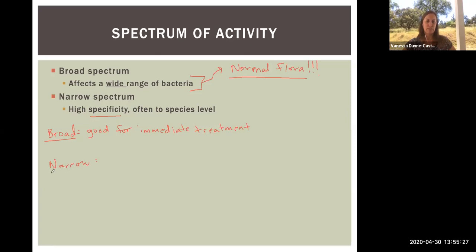So narrow spectrum is great for selectively targeting the pathogen, but you definitely need a diagnosis or determination of etiology. If you recall this from chapter 11, etiology means the causative agent, understanding what that pathogen is that's causing that infectious disease. Because this usually takes a little bit of time, sometimes now we have diagnostic abilities to do very rapid tests for things like strep throat and HIV.